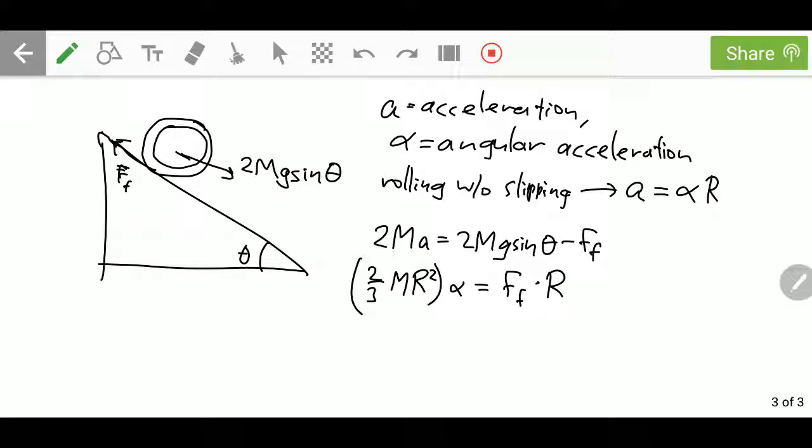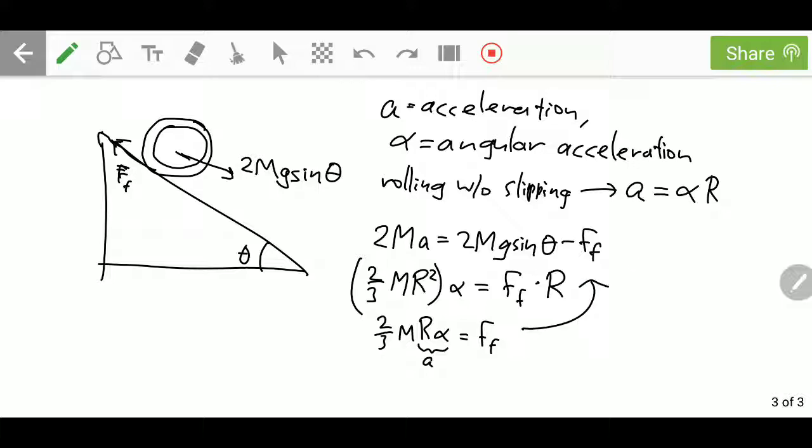And so now if we solve for this first equation, what we will see is that 2/3 mr alpha is equal to Ff, just dividing by r, and then r alpha is equal to a, and so what we get is Ff is equal to 2/3 ma.